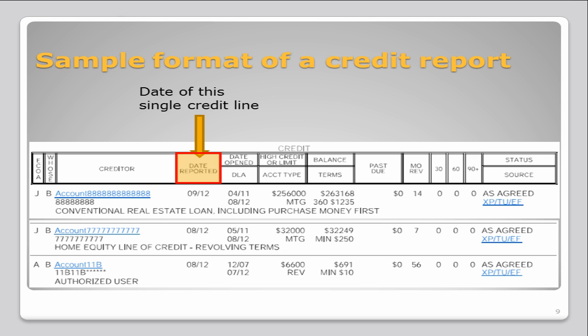I've even seen situations where a creditor will not report the final thing that happens on the line of credit. So if you have a payoff, they show the most recent balance and not the one after that when it was fully paid off. That's a bad thing. So what you'd want to do in a case like that is get the credit bureaus to update it one more month.